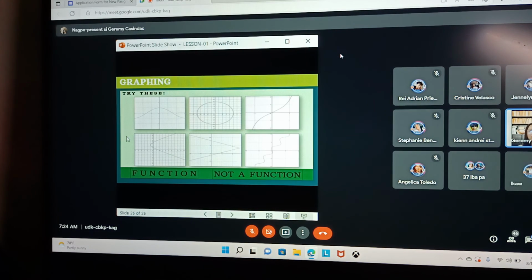So, you need to try this in your notebook. You are going to identify it. Just draw the line: make an X and Y axis, then draw the line graph. Then you also draw a vertical line. So, you are going to determine using your notebook whether the given graph is a function or not a function.